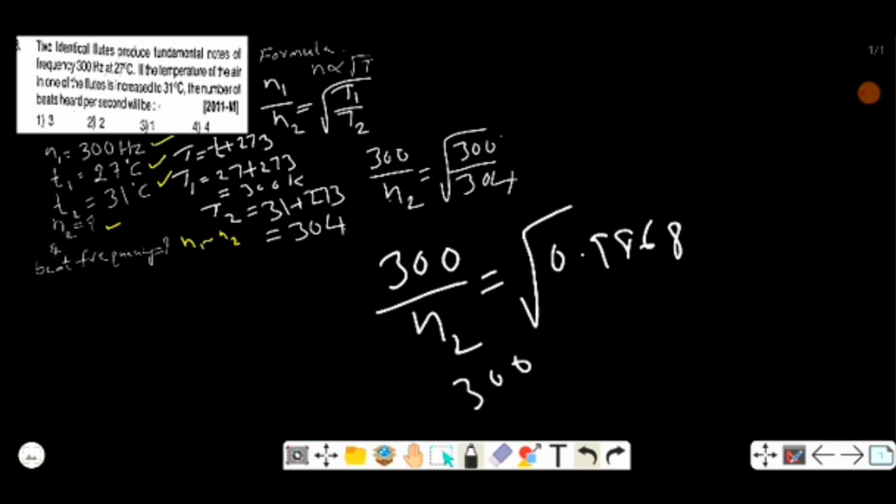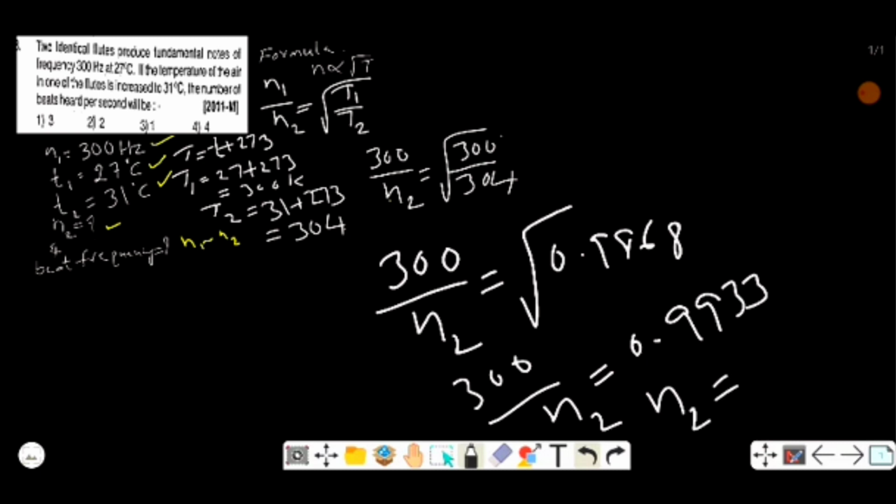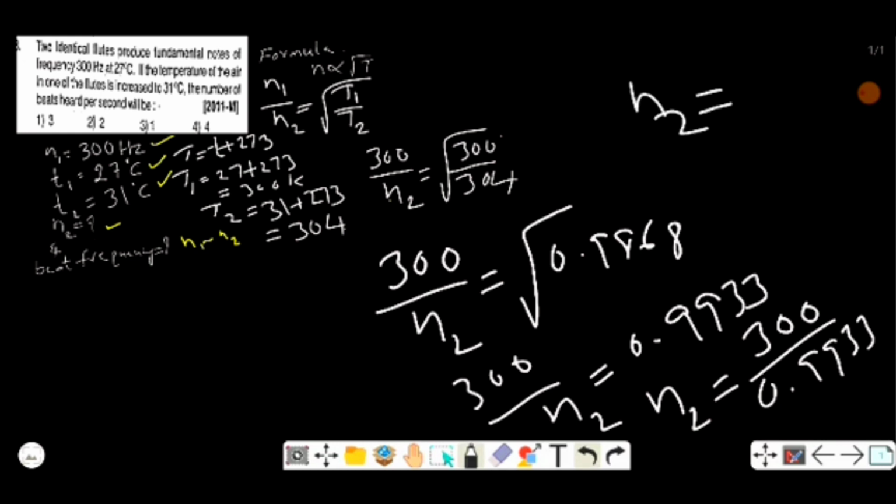So 300 by N2 is equal to root of 0.9868, which is approximately 0.9933. Therefore N2 is equal to 300 divided by 0.9933, that is almost 302. So we have the value, that is N2.